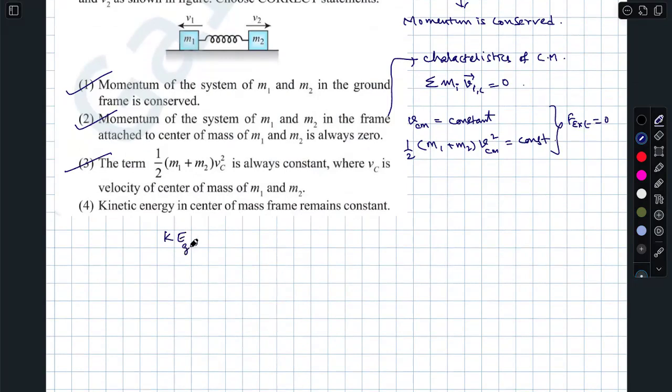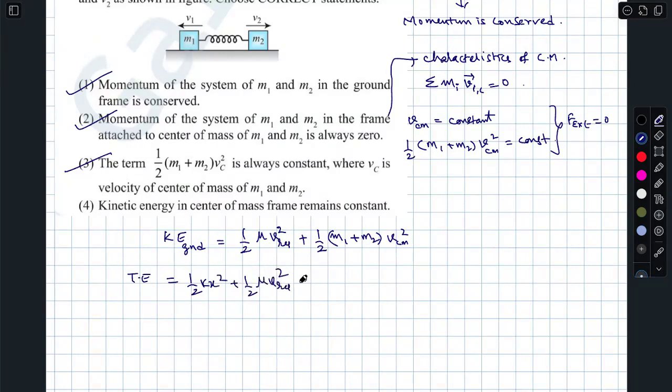Kinetic energy in the ground frame is half mu V relative square plus half (M1 plus M2) V_CM square. This is KE ground. So total energy is half K x square plus half mu V relative square plus half (M1 plus M2) times V_CM square, which is constant.